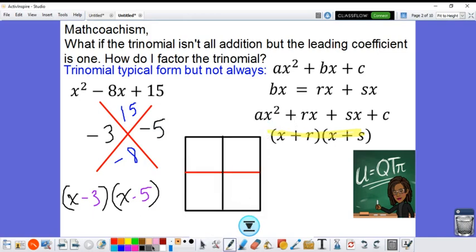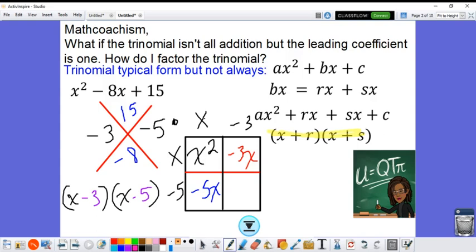So same process as before. We'll write x and -3 at the top, x and -5 on the side. So let's multiply. X times x is x squared. X times -5 is -5x. -3 times x is -3x.